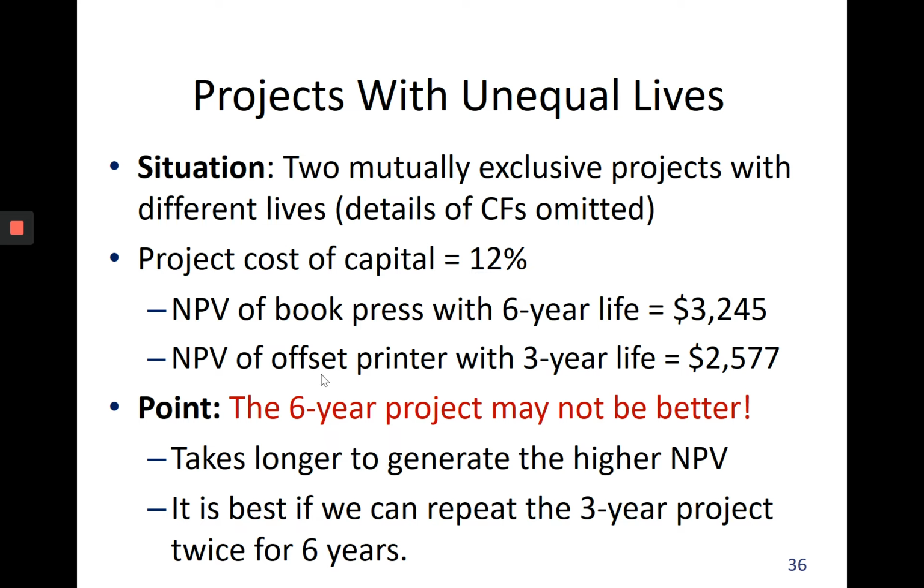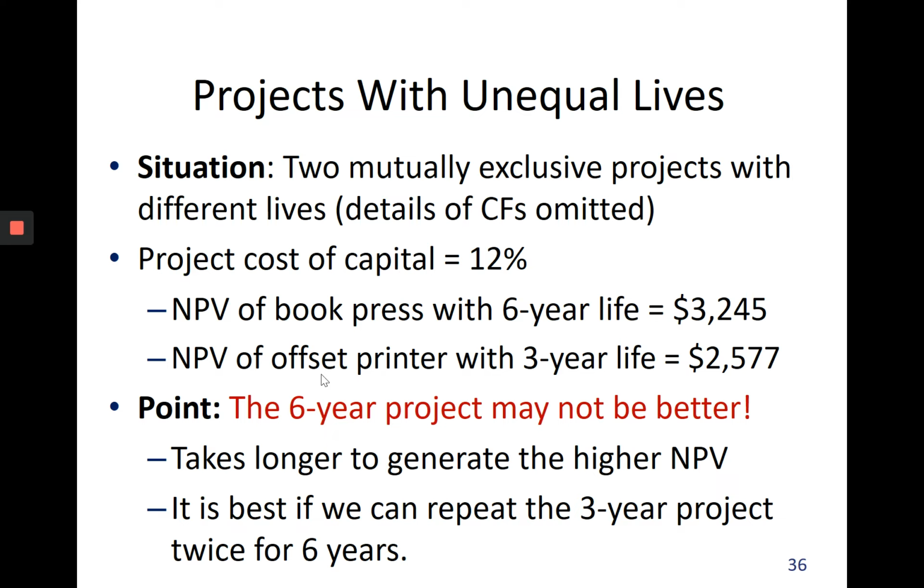If you just compare these two net present values, the net present value rule says that the project that makes us 3,245 has a larger net present value and makes us wealthier. But these unequal lives tell us that the 6 year project may not be better, because if we could repeat the 3 year project twice, we make twice 2,577, especially if the net present value stays the same.